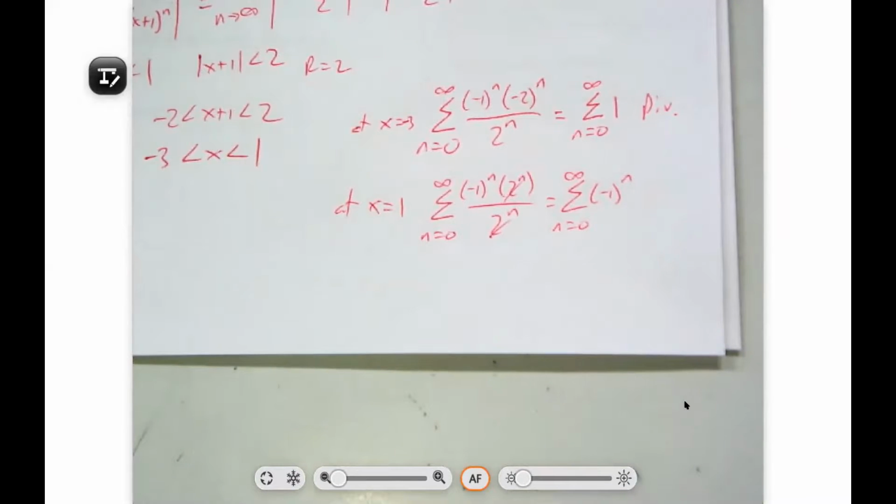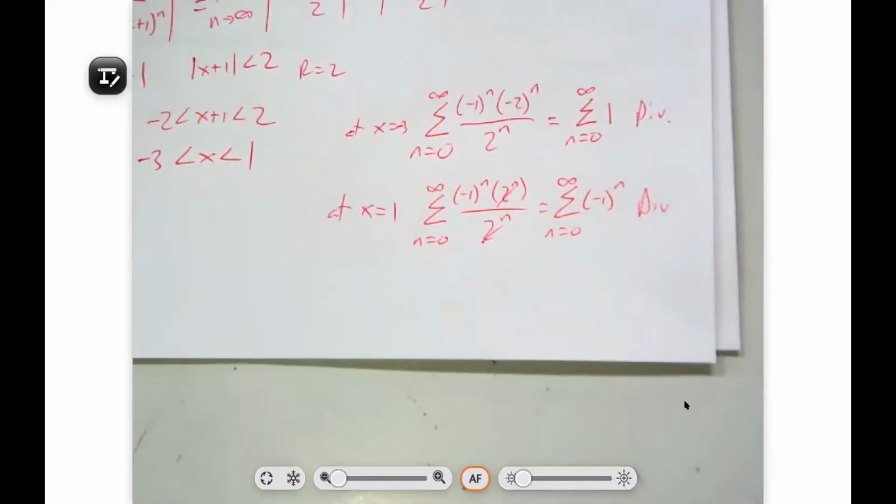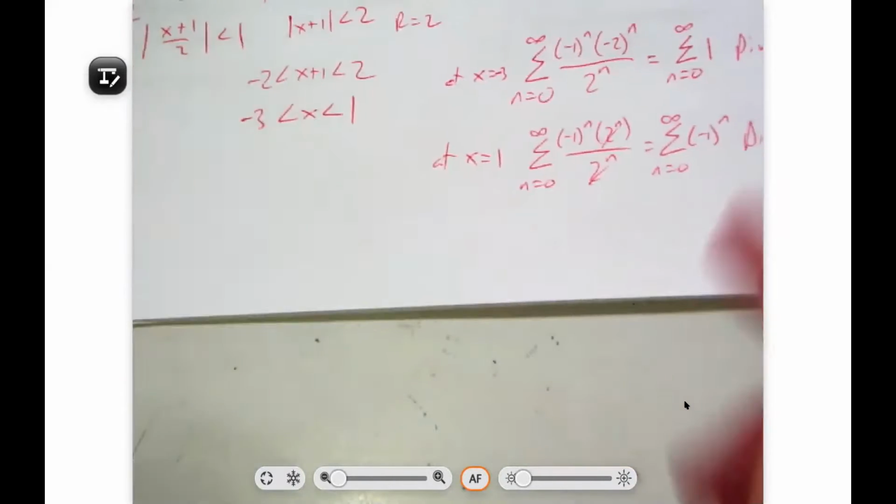And so if you expand this out, this means you're adding 1, -1, +1, -1, +1, just oscillating. It's never converging to an actual number. So this also diverges. So neither endpoint worked. So our interval of convergence is just -3 to 1.